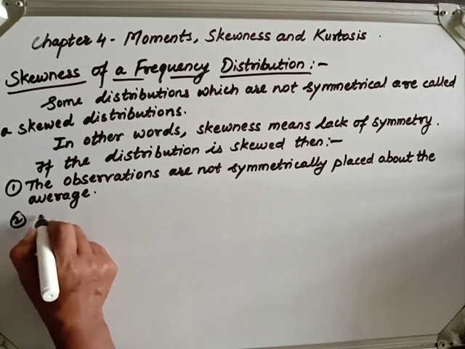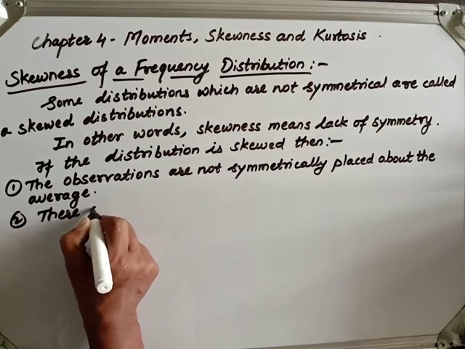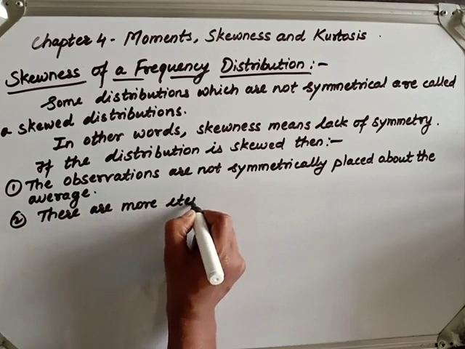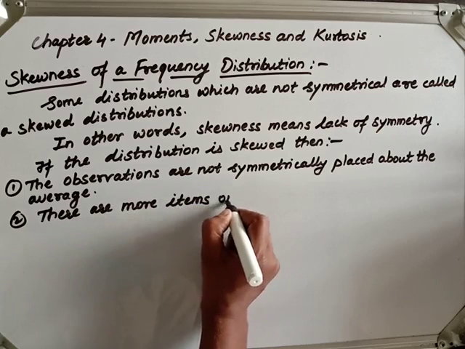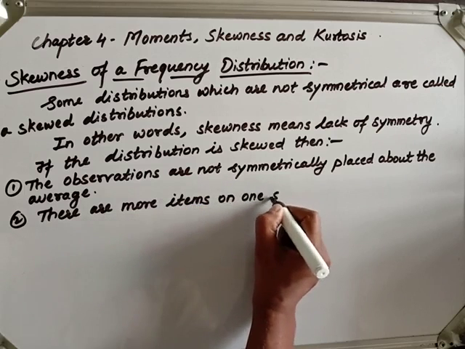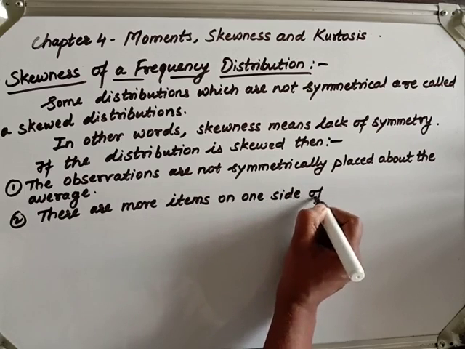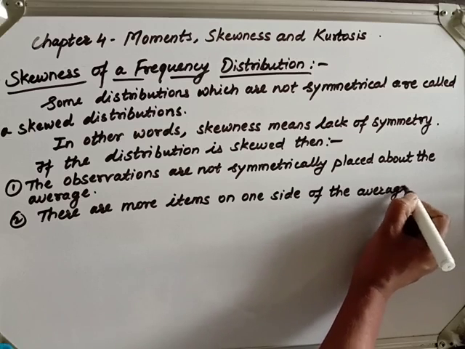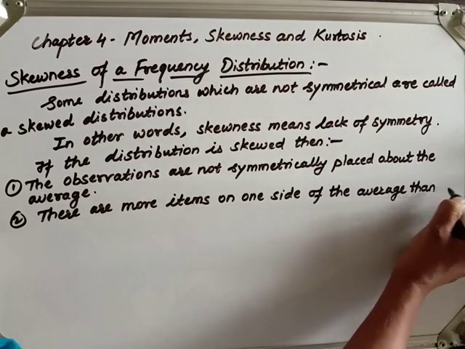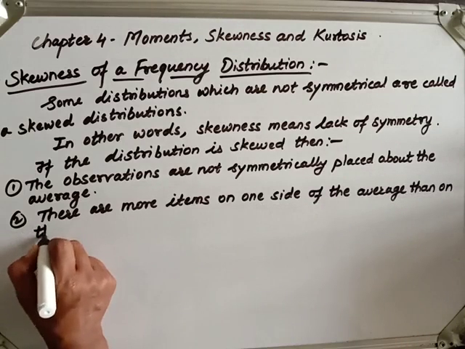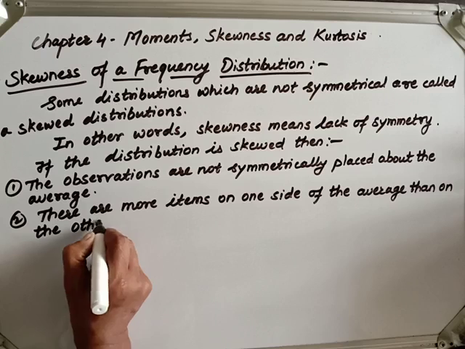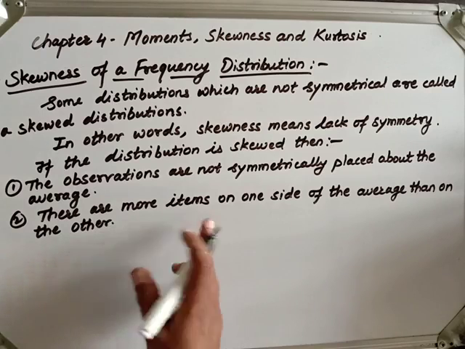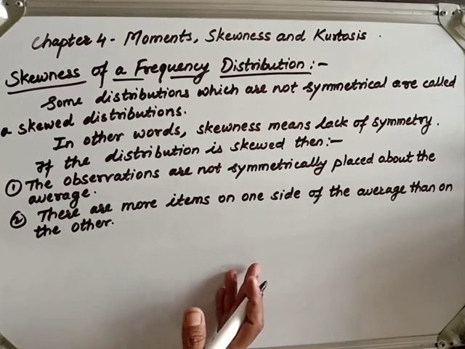Second, there are more items on one side of the average than on the other, either on the left side or on the other side.